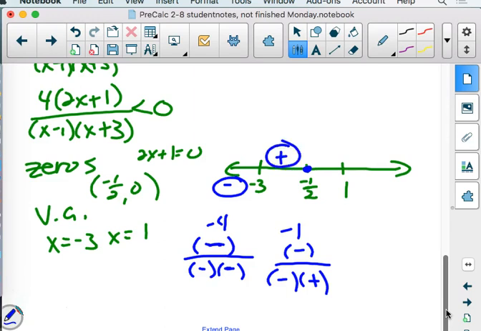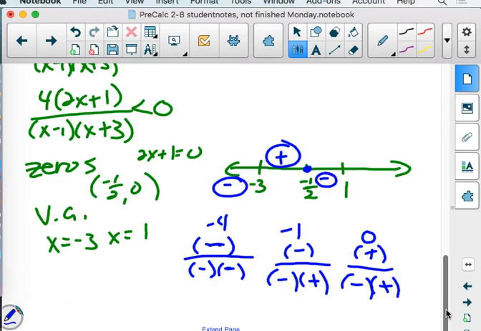Nice number between negative 1/2 and 1. Yeah, absolutely. Use the 0. 0 plus 1 going to be positive. 0 minus 1 going to be negative. 0 plus 3 going to be positive. So what are we looking at from negative 1/2 to 0? Negative.